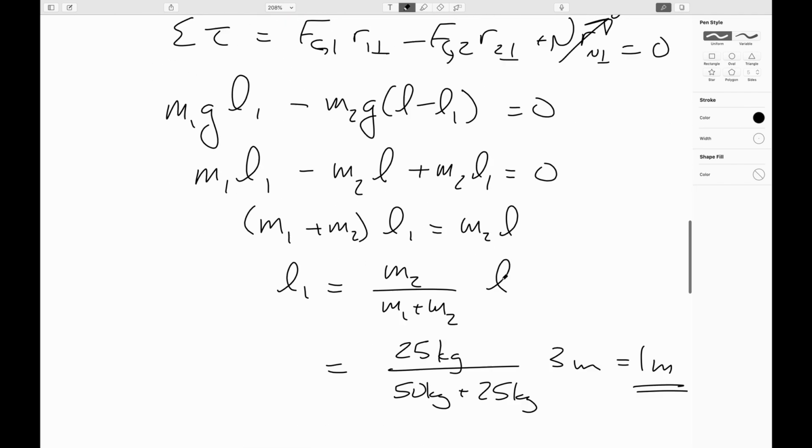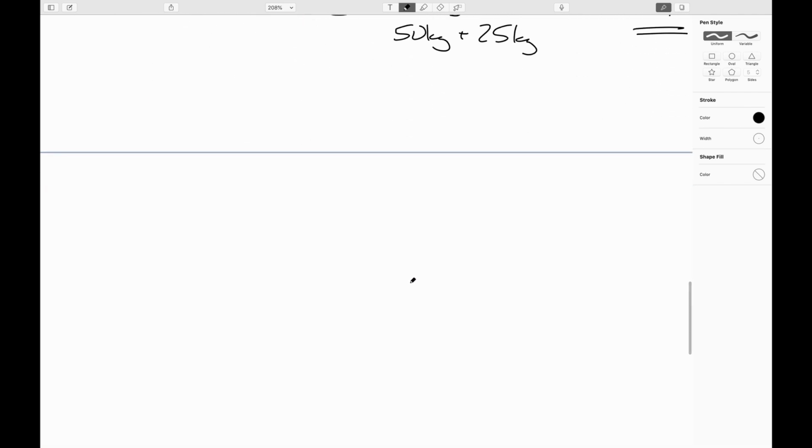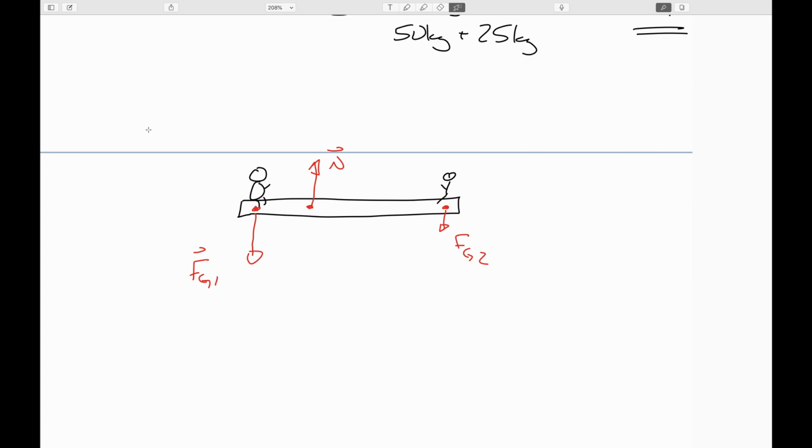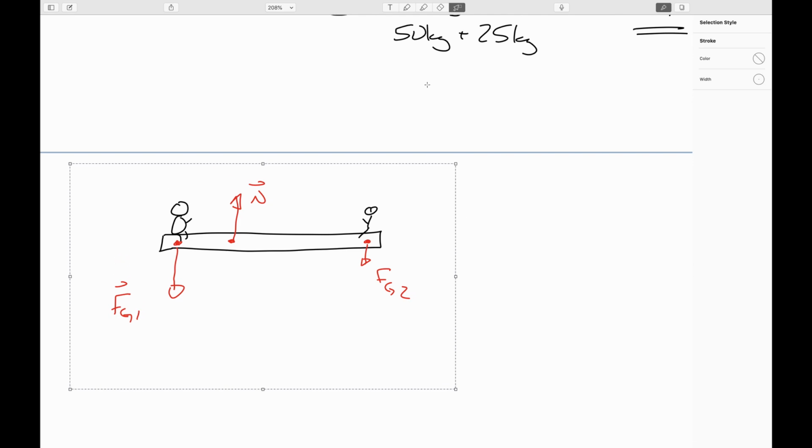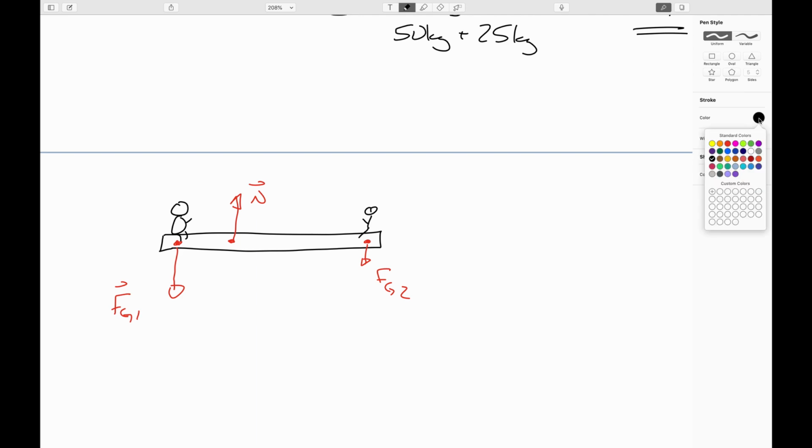So how could this help us? Well, we asked how far away from the big kid we should put the fulcrum. So there's a natural dimension in the problem. And sometimes when you've got a natural place to measure from, it's more convenient to put the axis of rotation about that point.